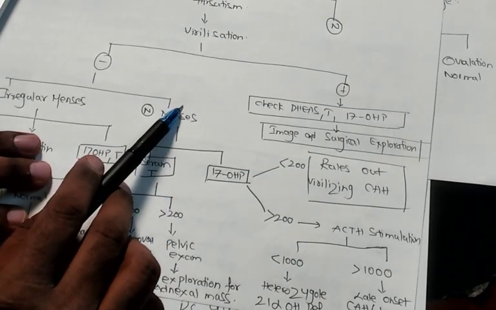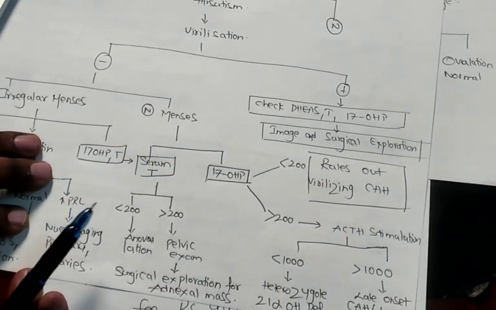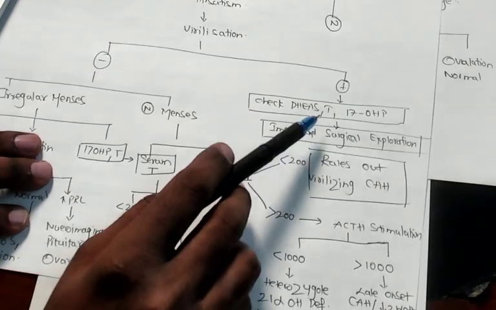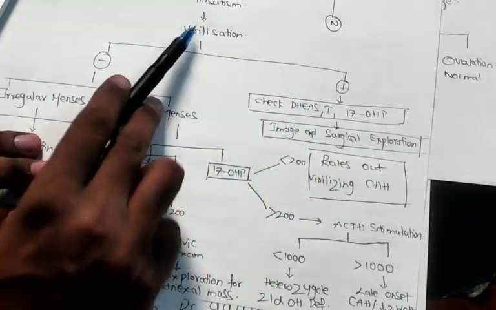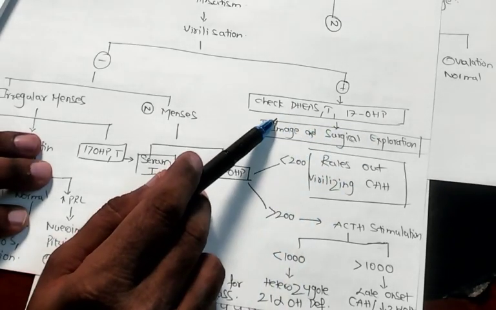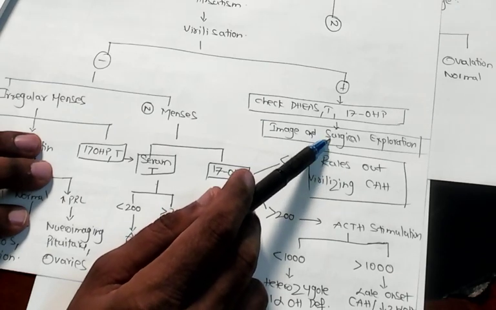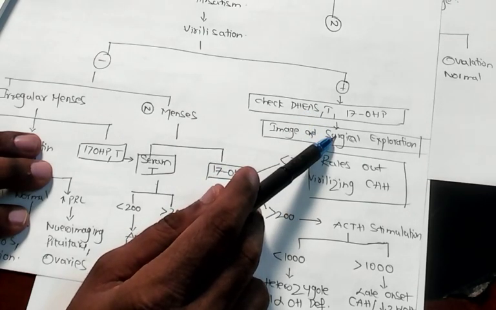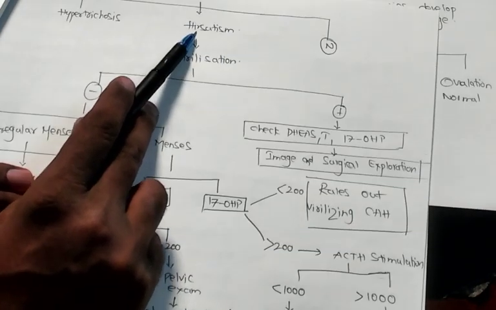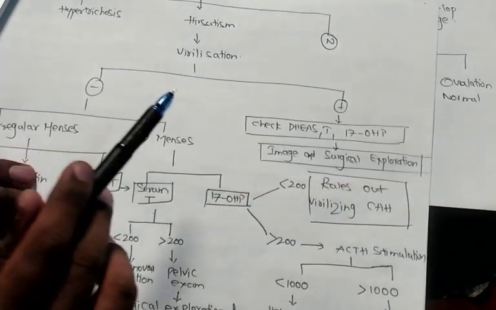And you do an imaging for surgical exploration, right? So typically, if there is virilization, and when you check these, you will discover an underlying virilizing adrenal tumor or ovarian tumor, anything can be responsible for this presentation of hirsutism and virilization. Image and do surgical exploration.